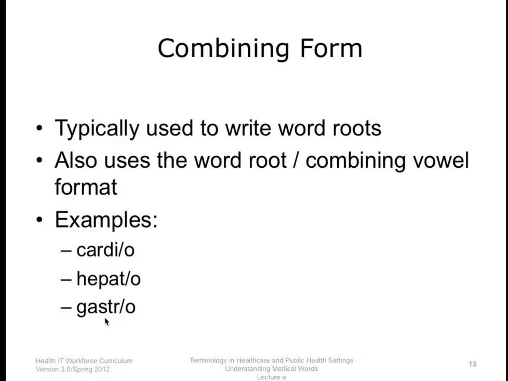Gastr/o, we just talked about. Gastr relates to the stomach. So a good way for you to break it down while you're learning this is to put the root word, and then put a slash and then the O. That way you're not thinking it's always cardio, because not everything is cardio. If there is not another word root behind it, you might not have that letter O in there.